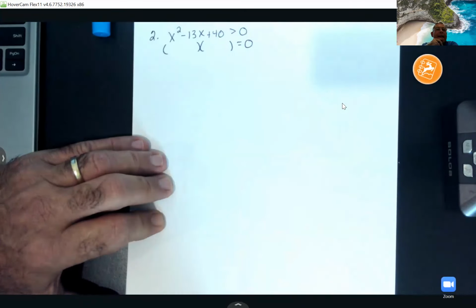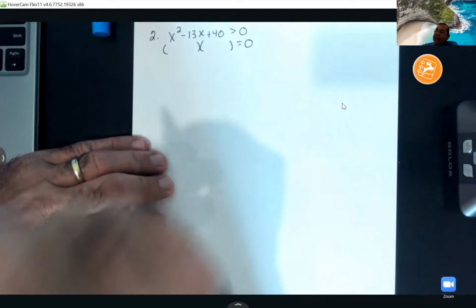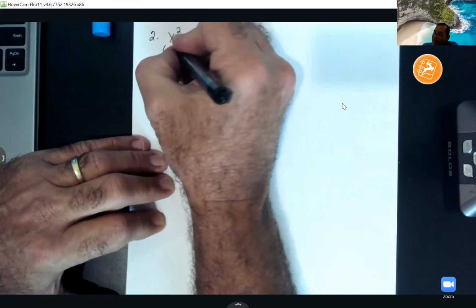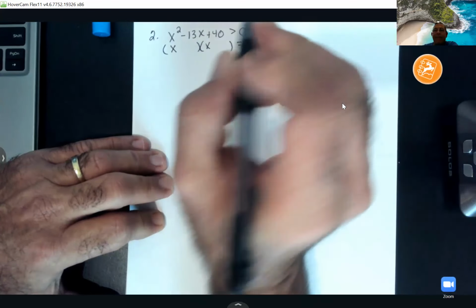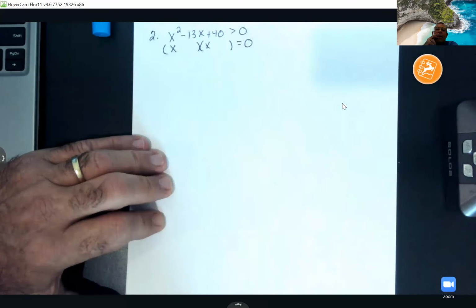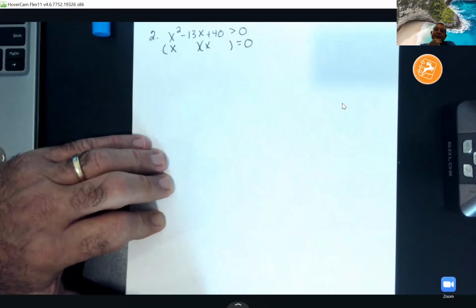I'm gonna factor that, set it equal to 0. So y'all, this will be an x and an x. Since that last one's positive, both of these will be negative like the middle. And I guess we need factors of 40 that'll add to get me a 13.